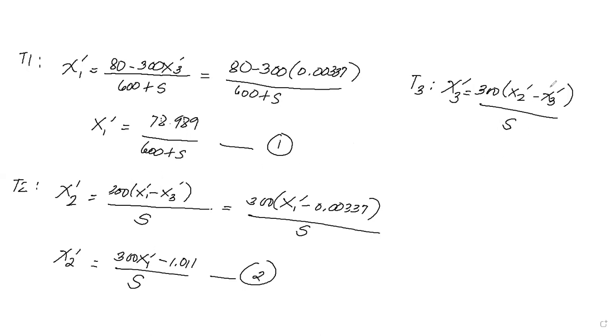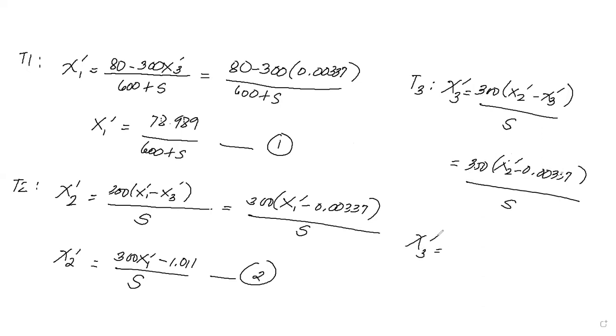This one is x sub 2 prime. If we substitute the value of the x sub 3 prime that we have, which is 0.00337 divided by S, we also have a representation for x sub 3 prime in terms of S.